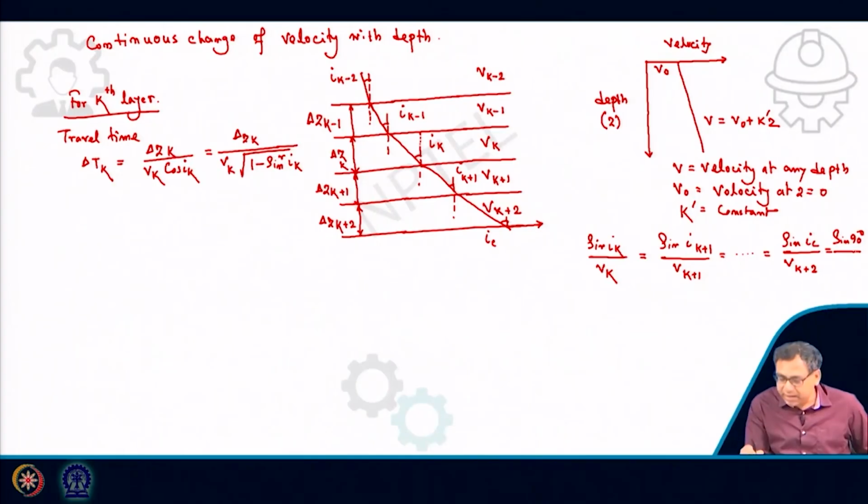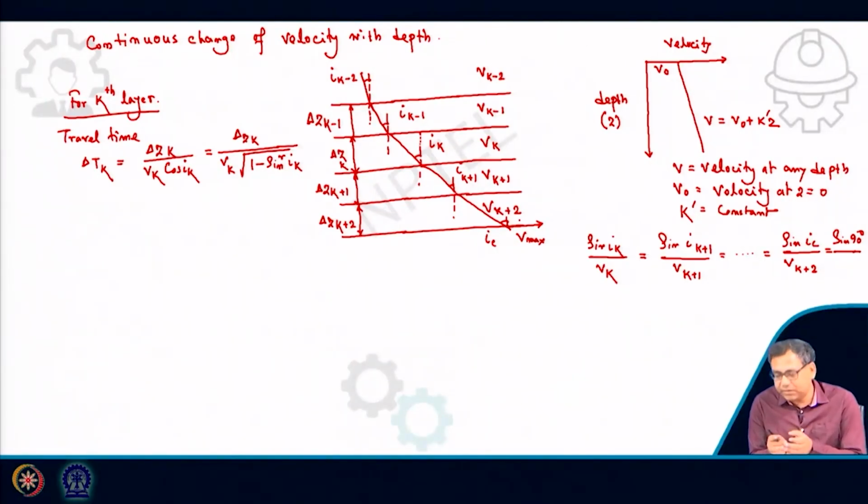Why am I writing V max? This is V max because this layer will attain this much maximum velocity, because the ray will not go further down.